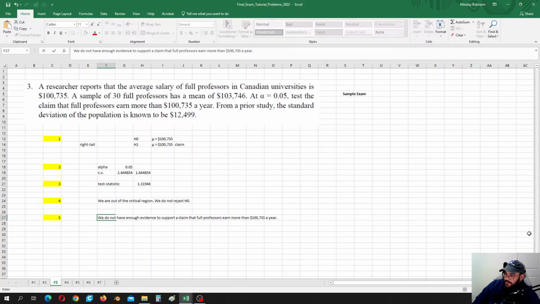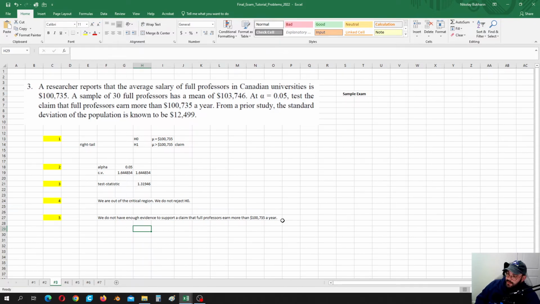That's how the final conclusion should look. Whether we reject H0 or don't reject it is some kind of intermediate result, based on which we make the final conclusion about the claim, because we are testing the claim.